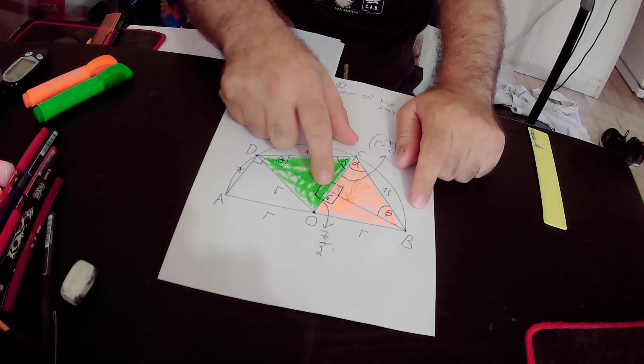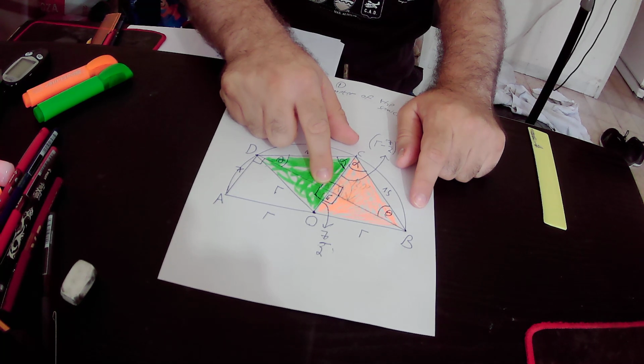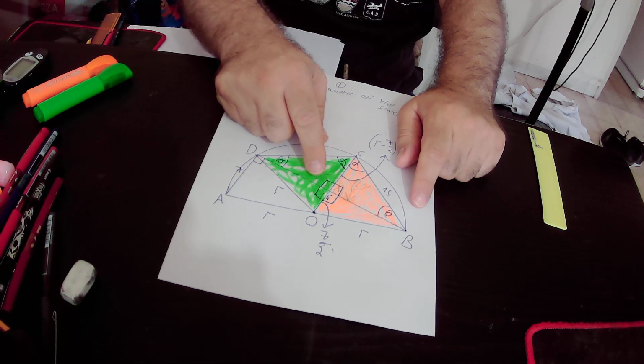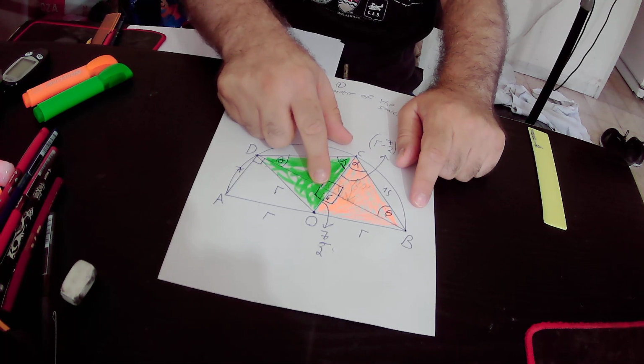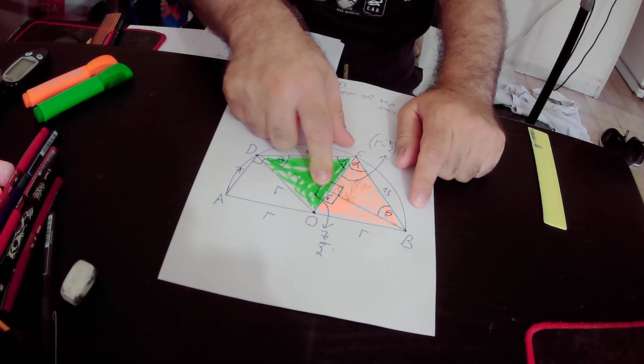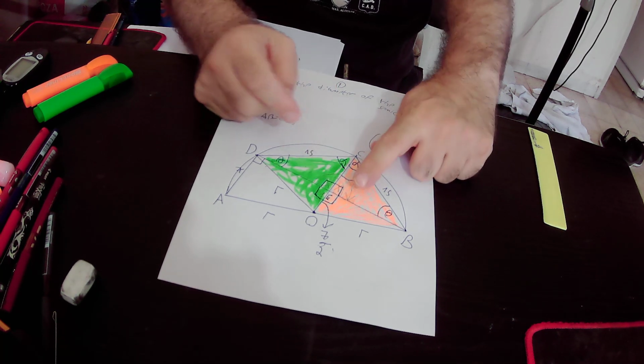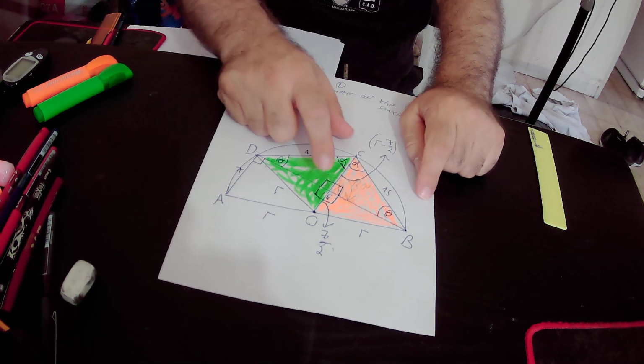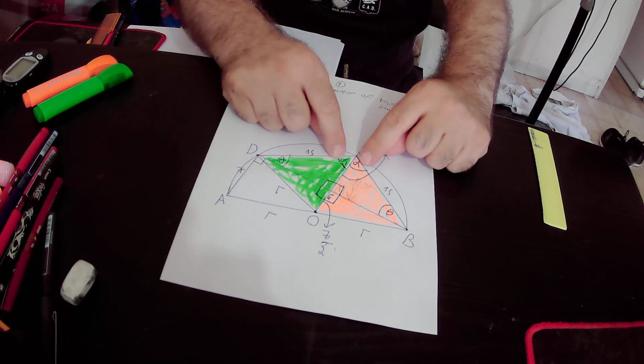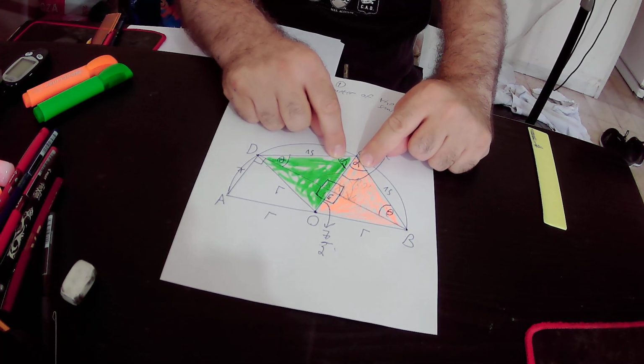And also EC is a common side. EC equals EC. It belongs to both triangles, to triangle ECB and to triangle ECD. So EC equals EC, and those two angles are also equal to each other. Both of those two angles are equal to alpha.